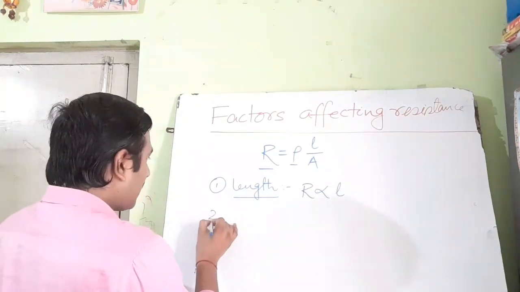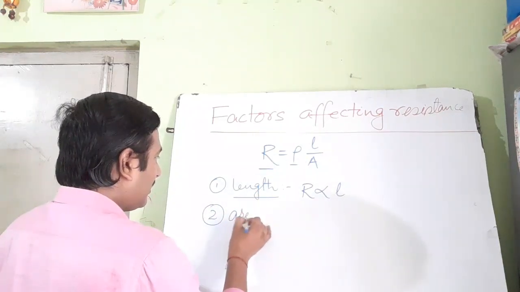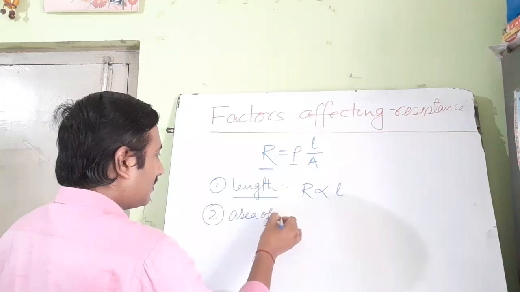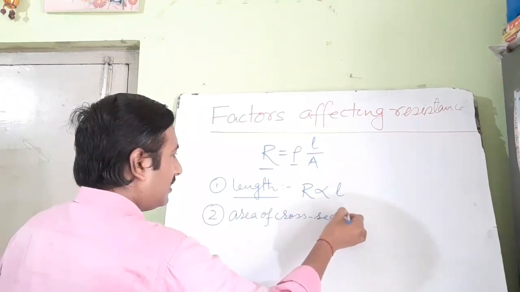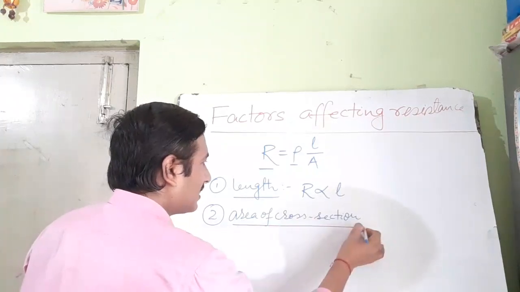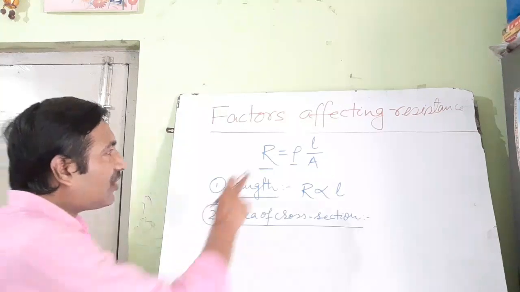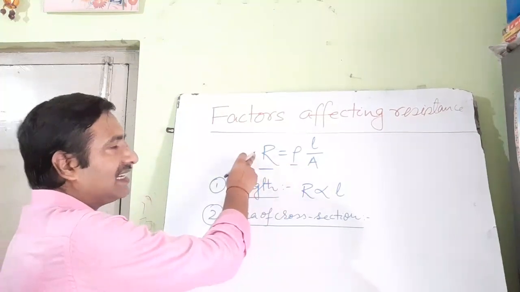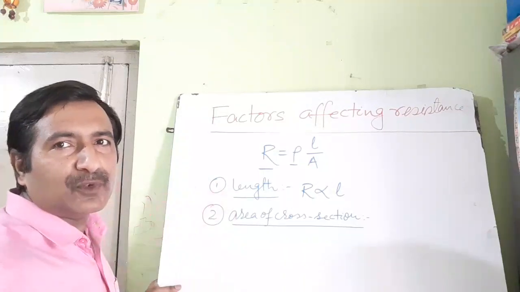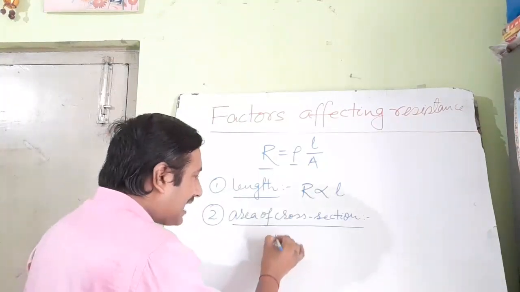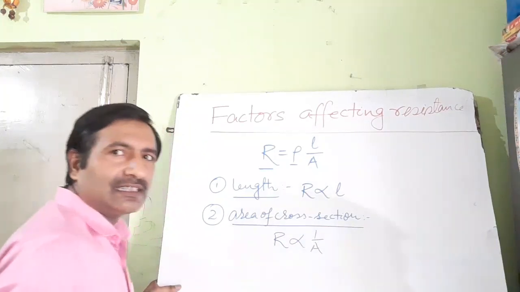The second factor which affects resistance is the area of cross section of the conductor. From this equation, you can observe that R is inversely proportional to A. What does it mean?